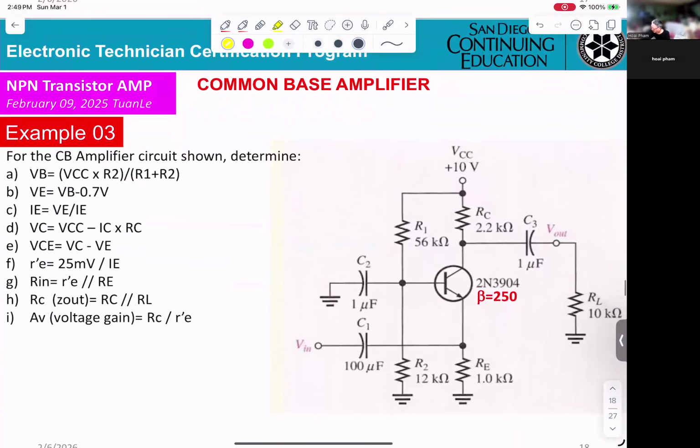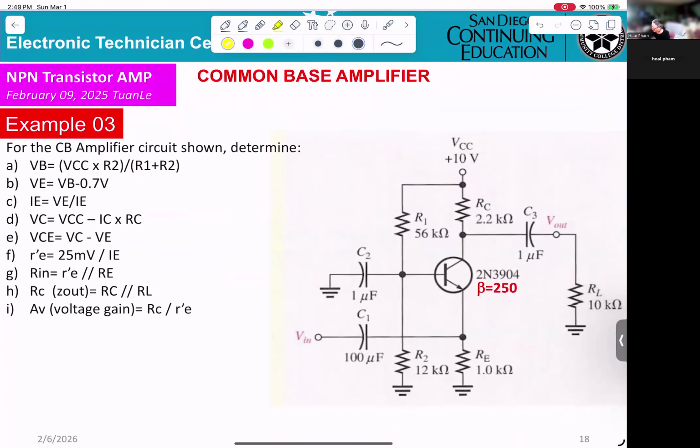And that will be an example. Okay? And we already gave it to you for the amplifier. First thing, you need to calculate the VB, voltage divider. That means DC calculation. VCC times R2 divided by R1 plus R2.